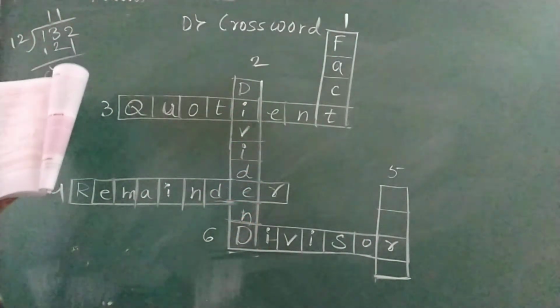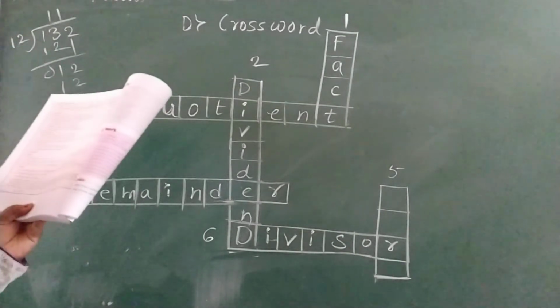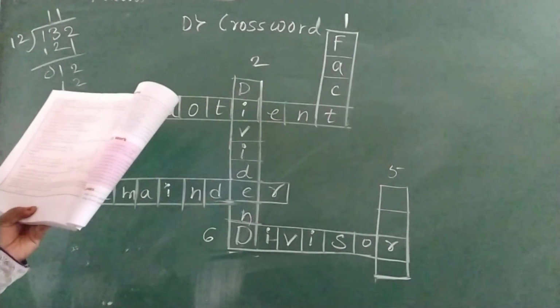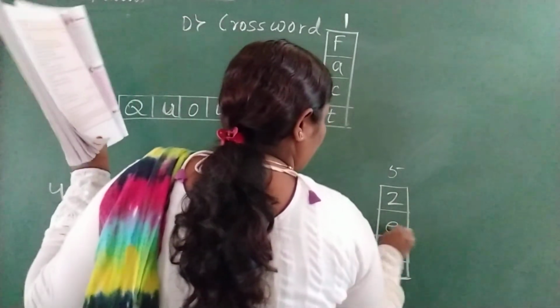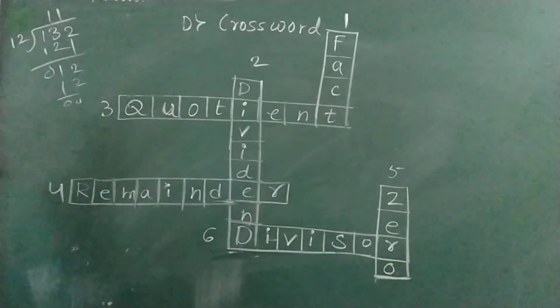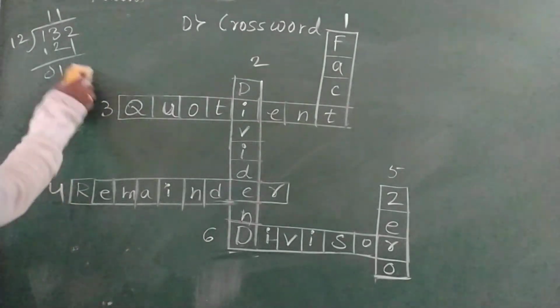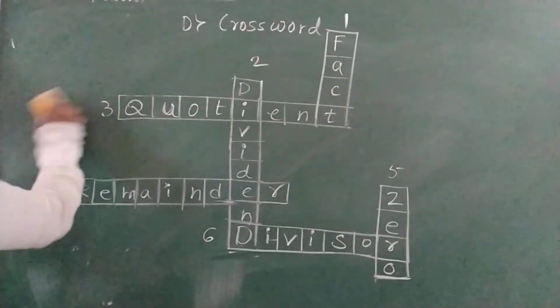D-I-V-I-D-E-N-D, dividend. Next, last one, a number cannot be divided by 0. By 0 we cannot divide. This is a puzzle, or you can call it a crossword.